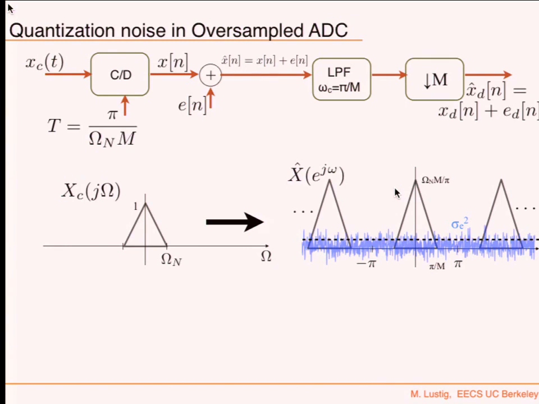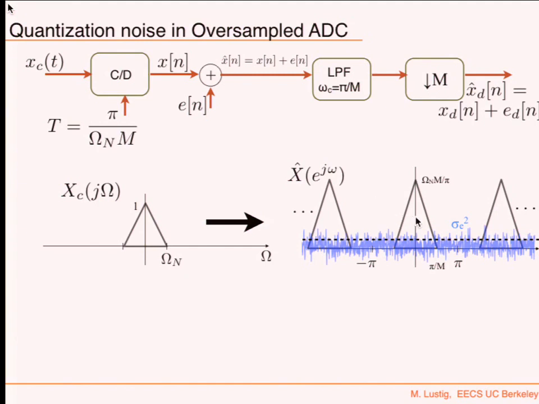No, it doesn't change. The energy doesn't change as long as I sample it at least above the Nyquist rate. I get a perfect representation. So the energy of the signal doesn't change. It is concentrated in a small bandwidth in the digital domain.